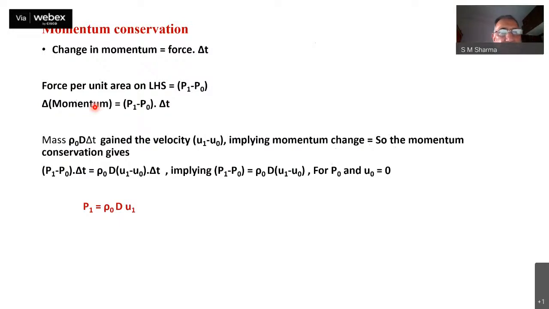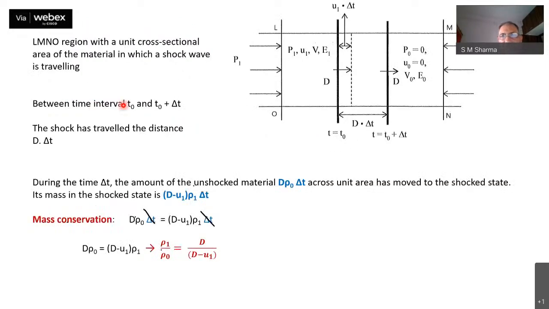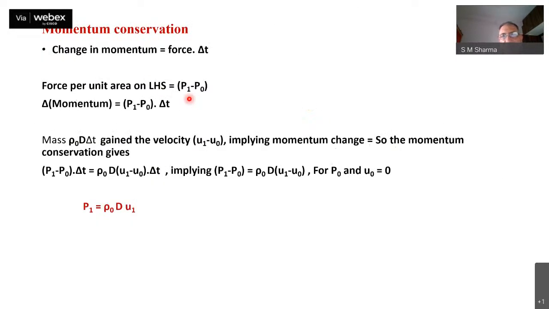So the change in momentum is force times delta t. And the force per unit area on the left-hand side, that is here, is the difference between the pressures P1 minus P0. So the change in momentum will be (P1 minus P0) into delta t.